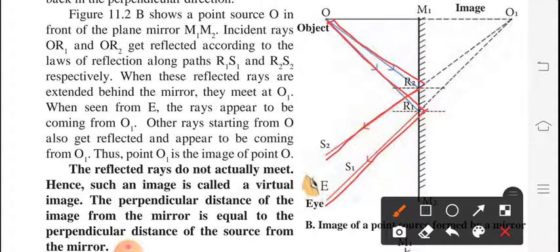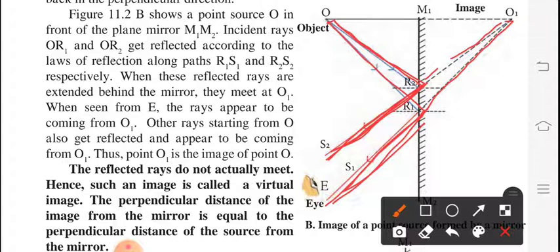When these reflected rays are extended behind the mirror, they meet at point O1. Suppose these are the rays which are reflecting. Reflecting means they touch the mirror and come back in that direction. When we consider these two reflected rays and search for their meeting point, we get one point, that is O1.